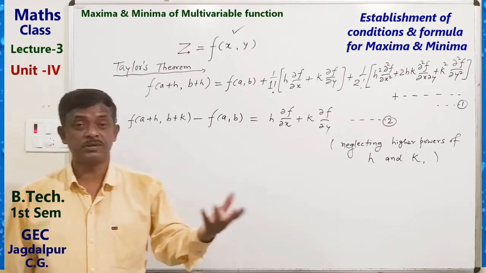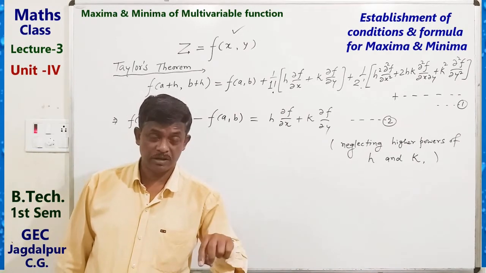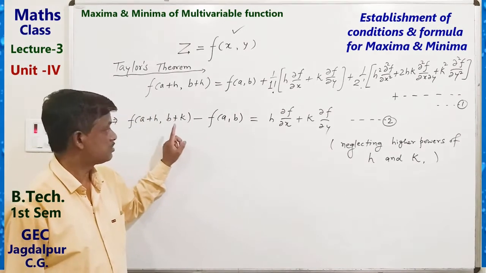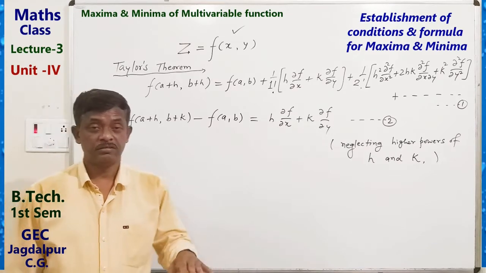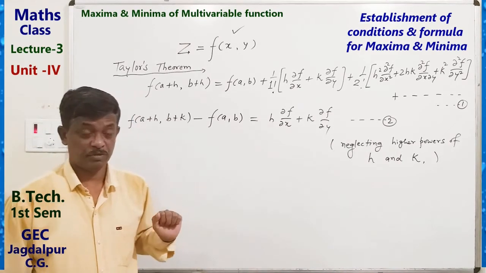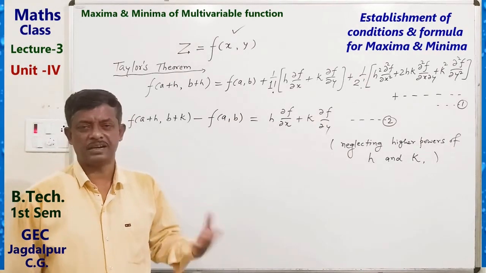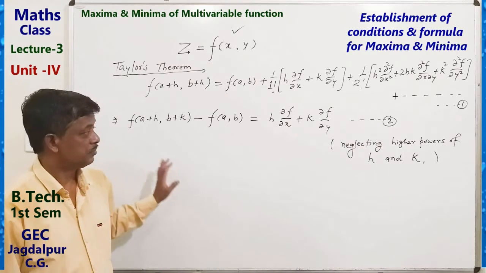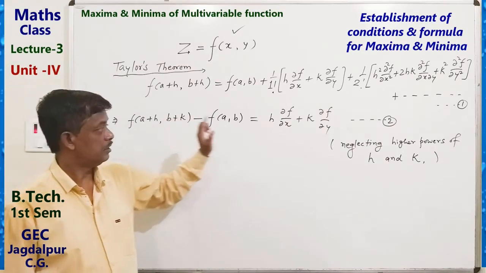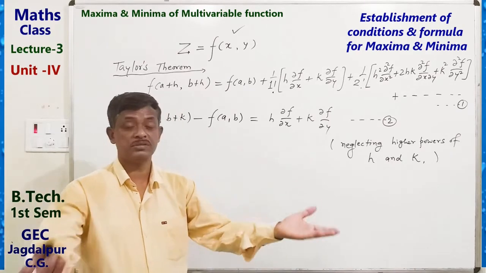So there will be no maxima, no minima, because for maxima or minima its sign must remain the same, either positive or negative. Positive then minimum, negative then maximum. So if h equals to 0, then its sign will depend on k, then there will be no maxima, no minima.